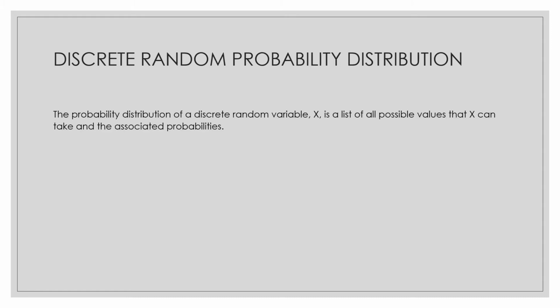Okay, so we now move on with discrete random probability distribution. By definition, the probability distribution of a discrete random variable x is a list of all possible values that x can take and the associated probabilities.